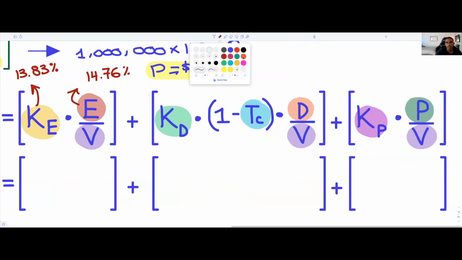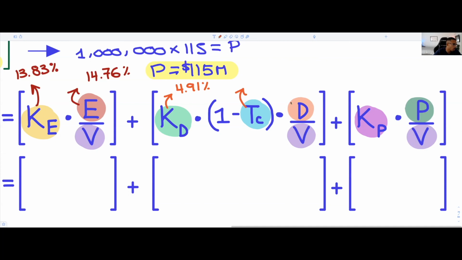Our cost of debt is going to be equal to 4.91%. And our tax rate, which we already know, is equal to 35%. And our debt over value is going to be equal to 57.46%. So right now we're just taking back all of the information we had at the very beginning of the question.